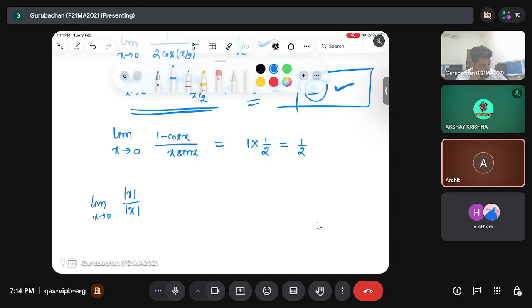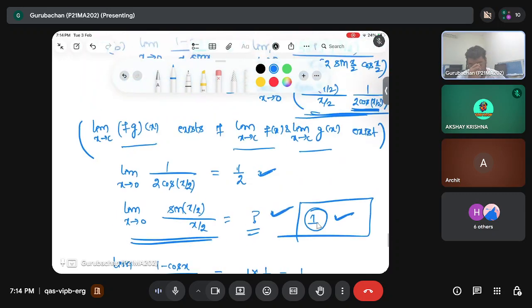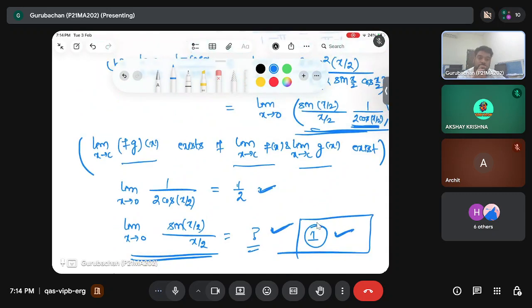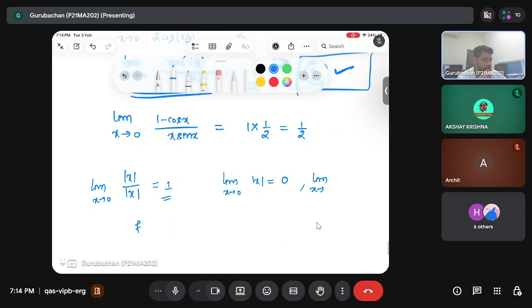But now the product is existing. So here I am talking about f into g, and you are talking about f by g. I can take g equals 1 upon mod x.